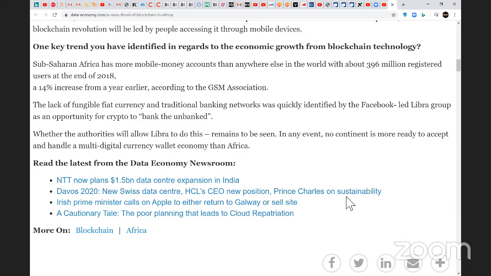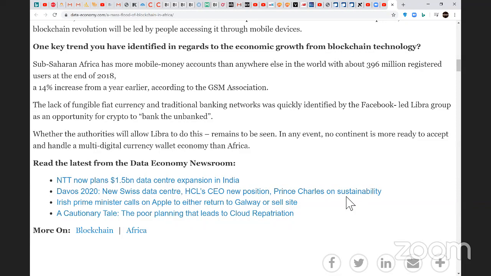One key trend you have identified in regards to the economic growth from blockchain technology. Sub-Saharan Africa has more mobile money accounts than anywhere else in the world, with about 396 million registered users at the end of 2018. That's a lot of people. A 14% increase from a year earlier, according to the GSM Association.